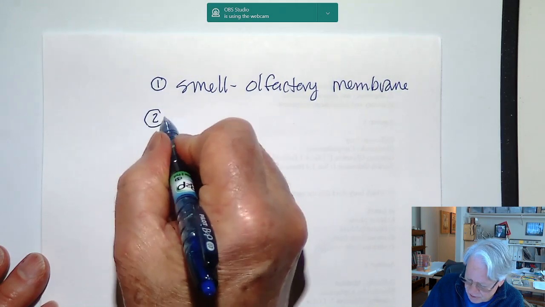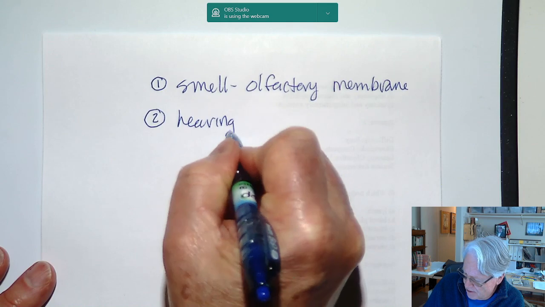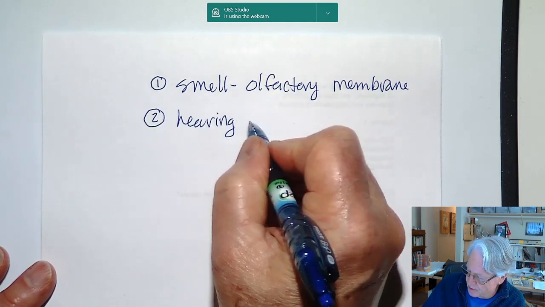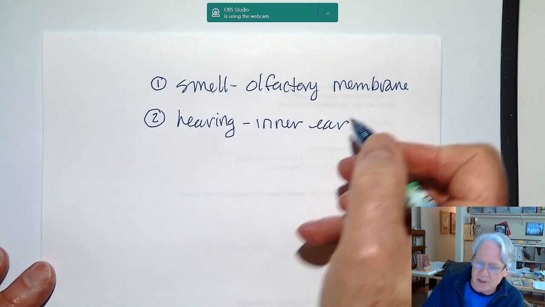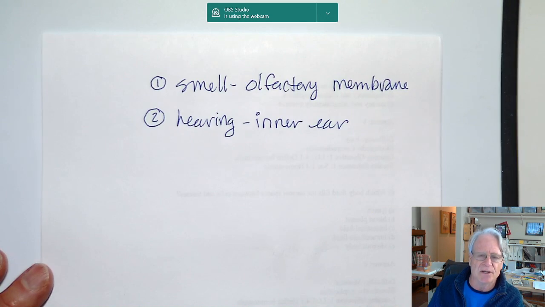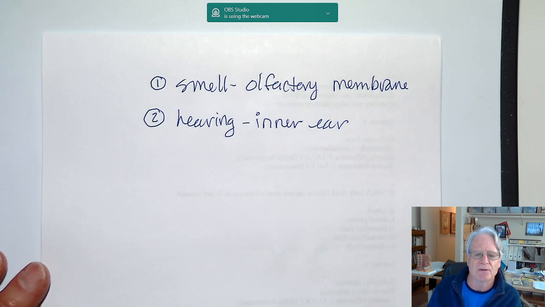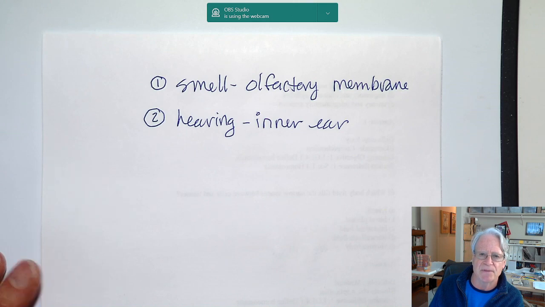Number 2, another example would be hearing. So again, you're going to run into this in 40B, and we'll talk, or you will talk, I will not, about the structure of the ear and the inner ear, where you're converting physical movement or air pressure changes into an electrical impulse that you interpret as sound, and this is happening as a combination of nerves and epithelial tissue.